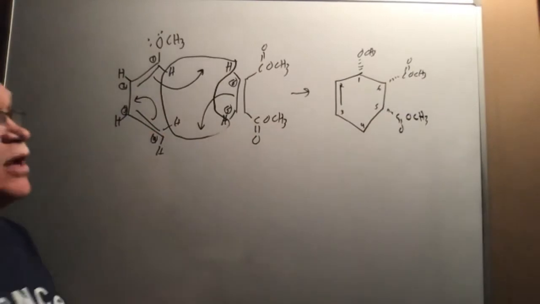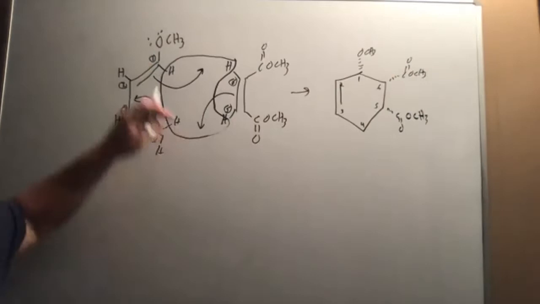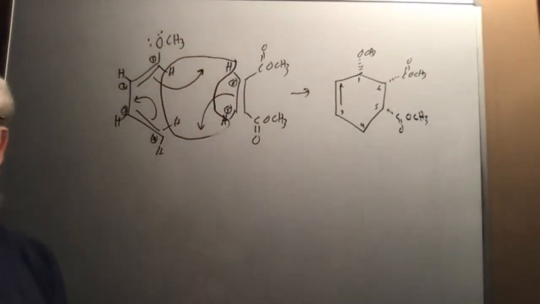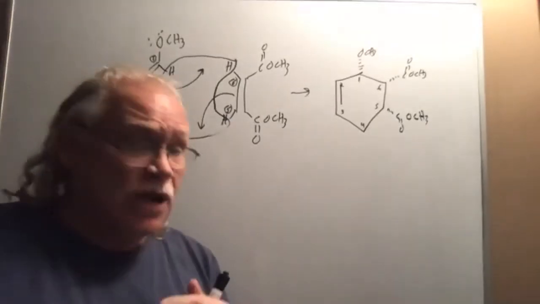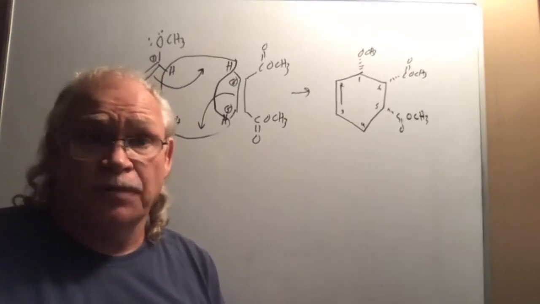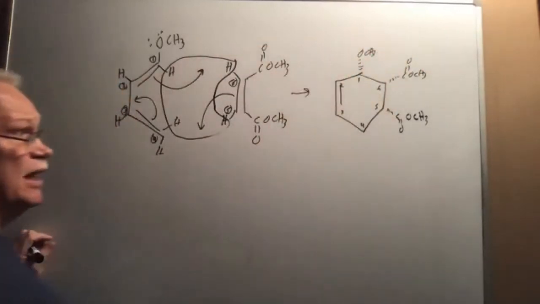So the stereochemistry on the ring is very easy to see. The four groups that are attached here in the middle all appear on the same side of the ring. And I always have them coming out. Now, I could have had them coming back, but that would have just given me the other enantiomer. Okay, so that's the first thing.